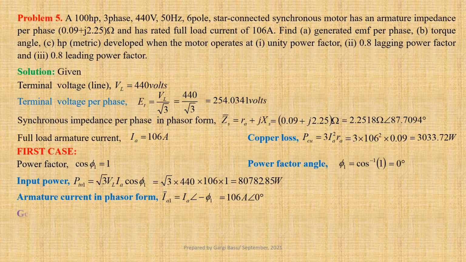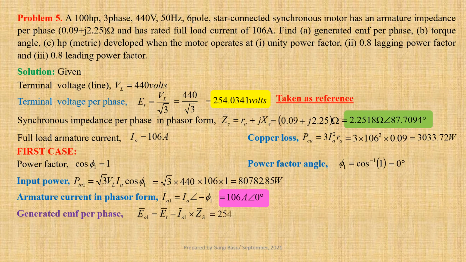Expression for generated EMF per phase E01 equals ET minus IA1 into ZS. Taking terminal voltage per phase ET as reference, we get E01 equals 254.0341 at an angle 0 degree minus 106 at an angle 0 degree into 2.2518 at an angle 87.7094 degree.